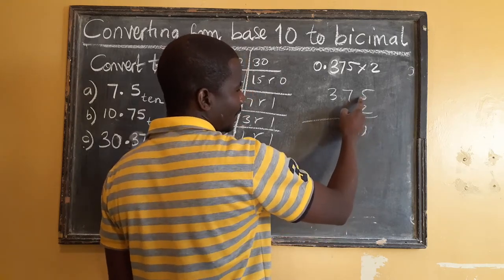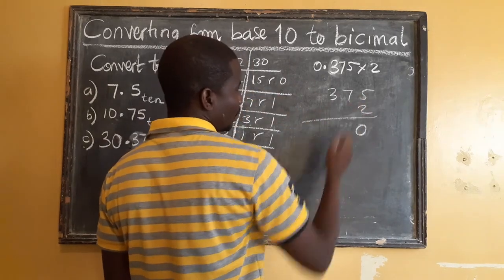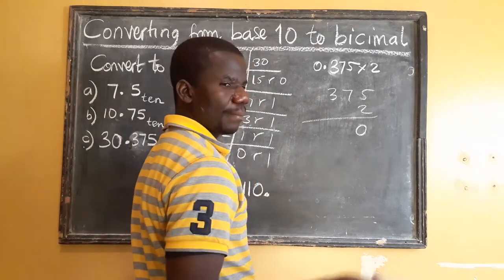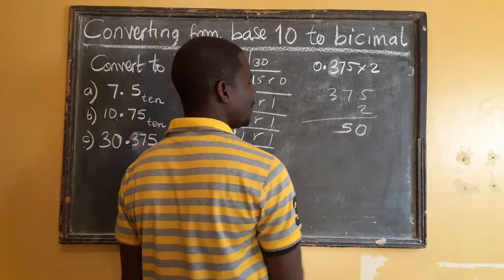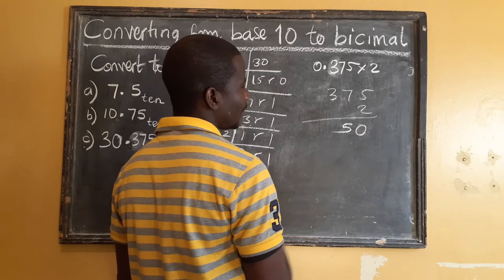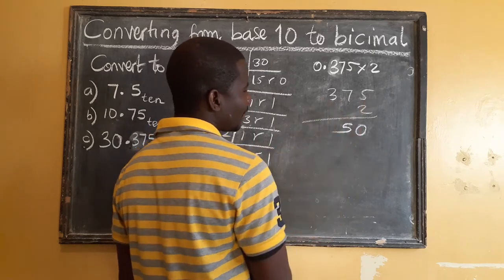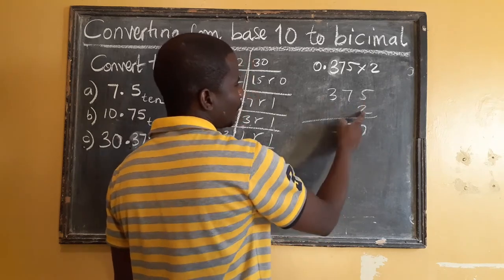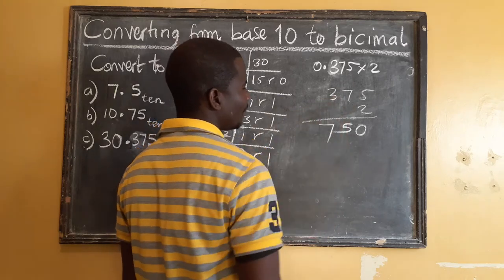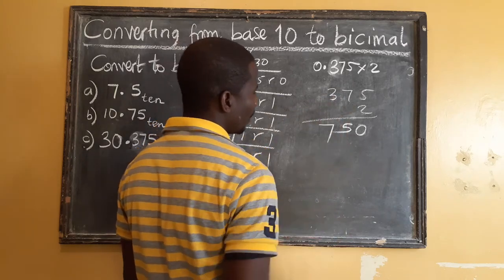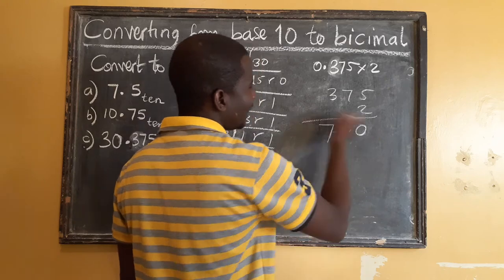We'll get 10, then we write 0. This will be 14, plus that one, we get 5. Take note of that. This will give us 7. This will give us 6 plus that one. That's what we are going to get.